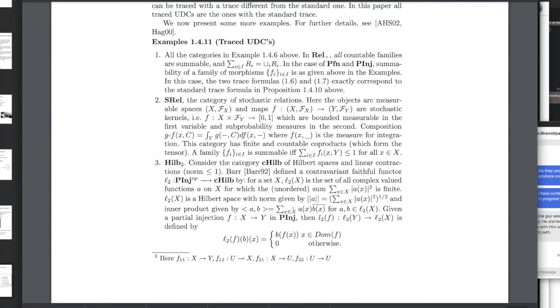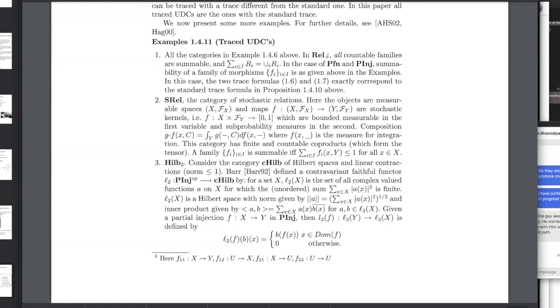No. The monoidal product is not in addition to set. The monoidal product has a direct interpretation either in terms of product or in terms of disjoint union. All of these examples are variants of a kind of disjoint union. So for example, here, Rel plus, the category of relations with disjoint union, the monoidal product is the disjoint union.